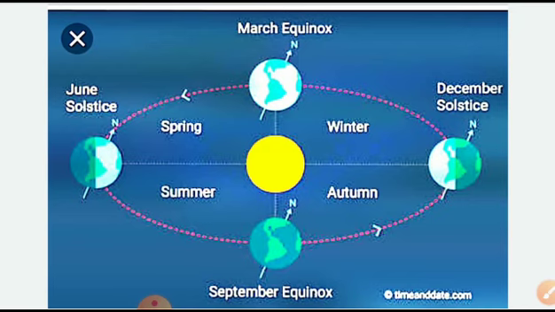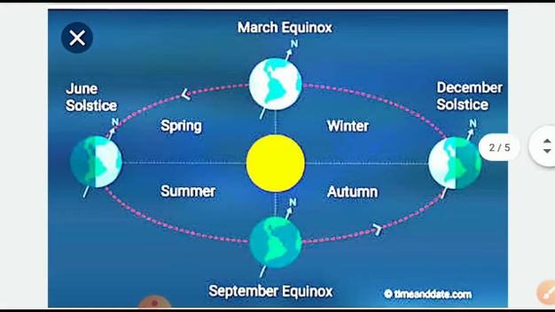The June solstice and the December solstice take place when Earth is farthest from the Sun. The June solstice starts on 22nd June and has the longest day. So in the northern hemisphere we have June, July and August as the summer season, and in the southern hemisphere June, July and August are the winter season.